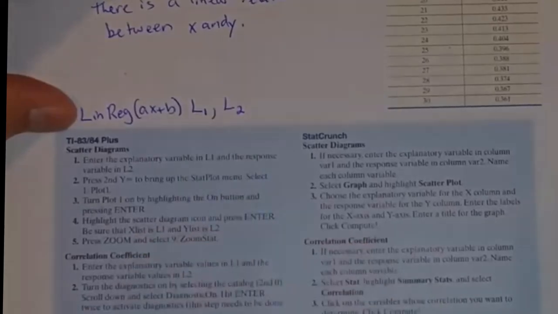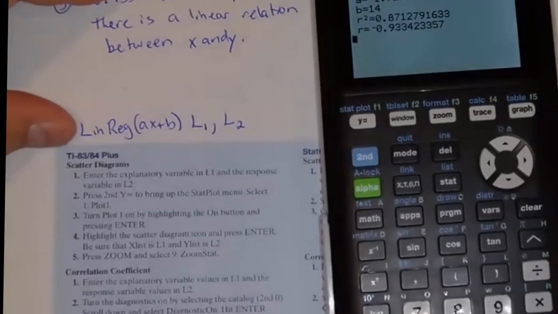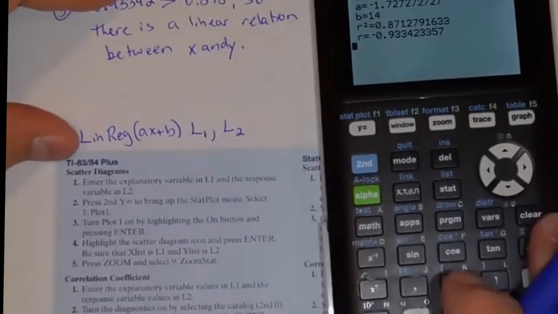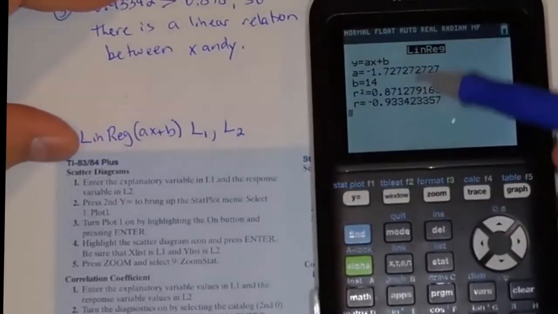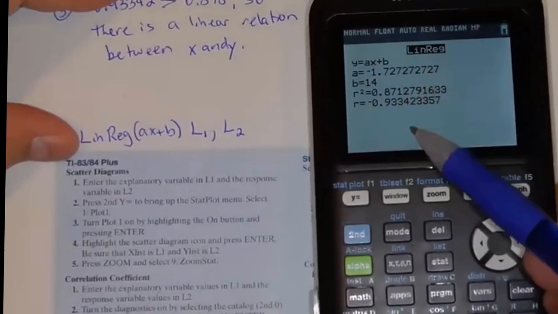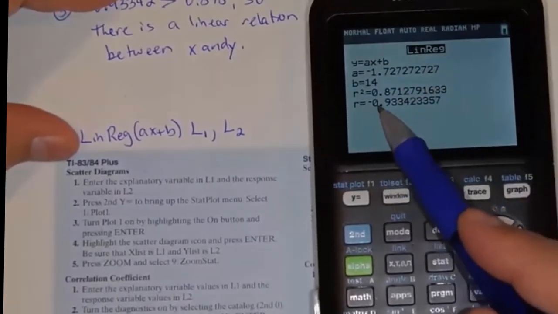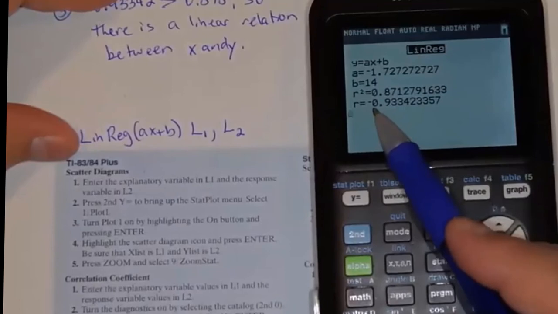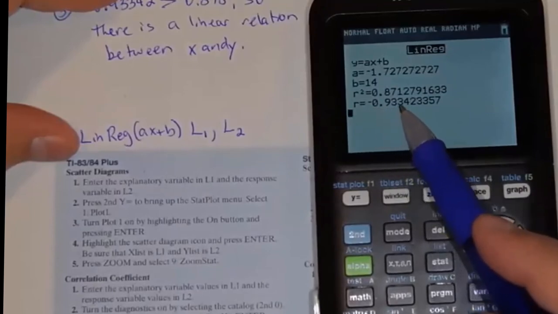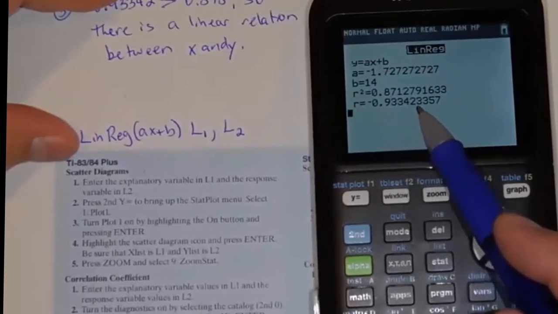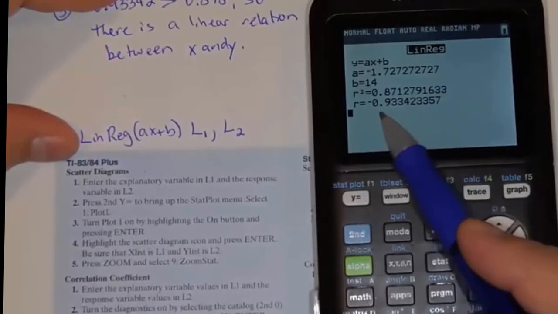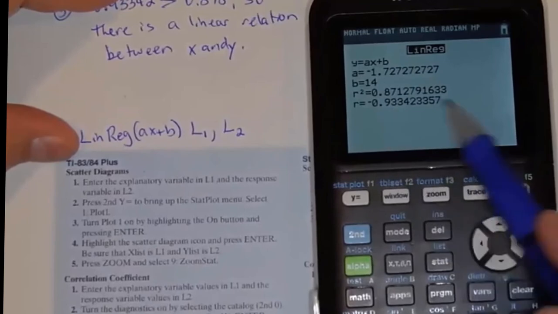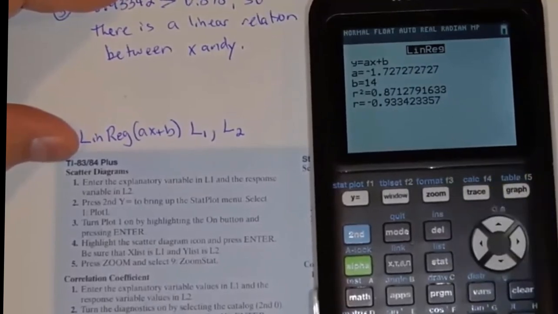Does that make sense? You would hit enter. I select compute, and I get quite a few things on this, and we'll talk about the rest of these later on. But look at the bottom line here: negative 0.93342 if I round to 5 places. So I got the same correlation coefficient that I did by hand when I use the technology.